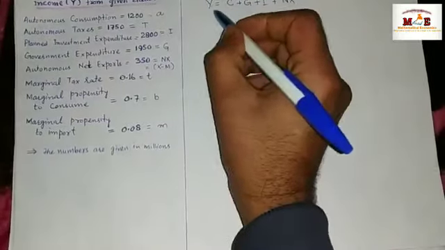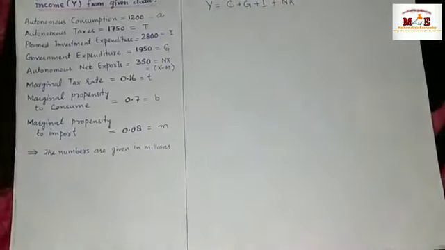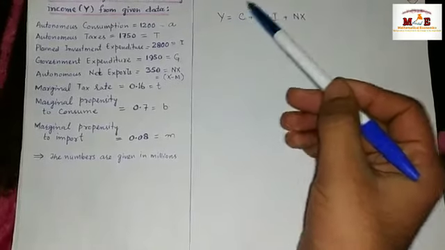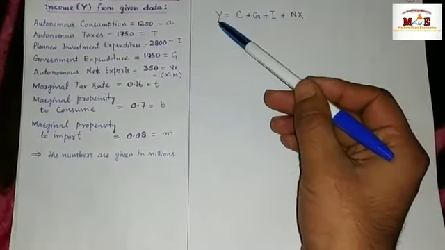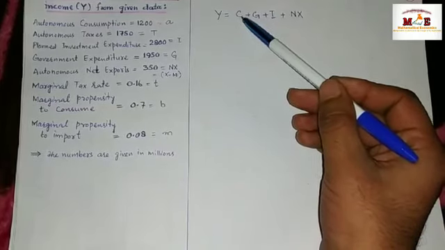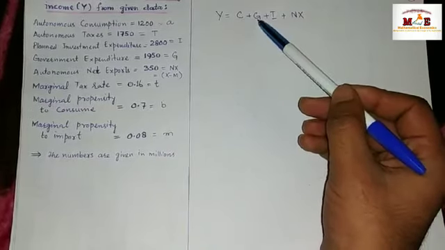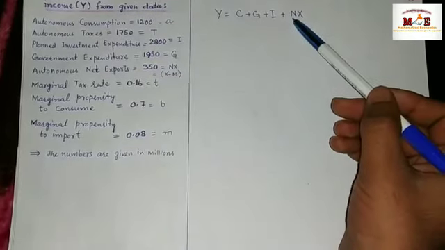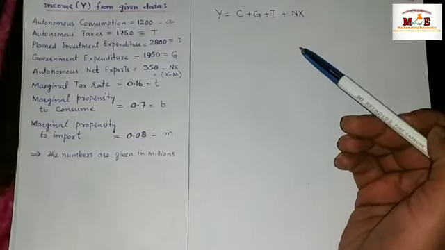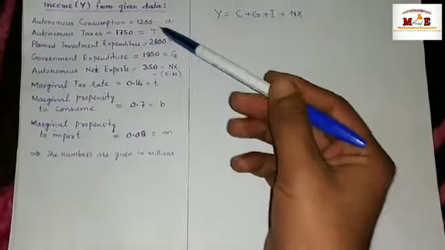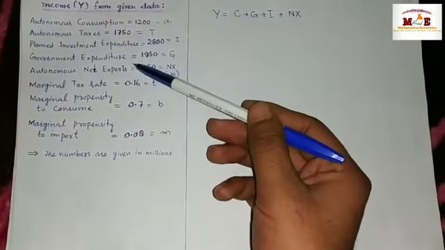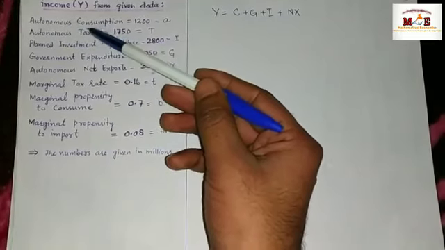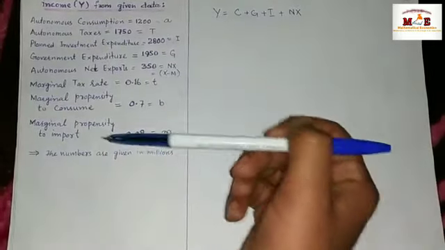This is our basic identity for calculating the national income, where Y represents the national income or equilibrium level of national income, C is the consumption expenditure, G is the government expenditure, I is the planned investment expenditure, and NX represents the net exports of the country. If we see the data given in our question, we are not given this letter C or consumption expenditure.